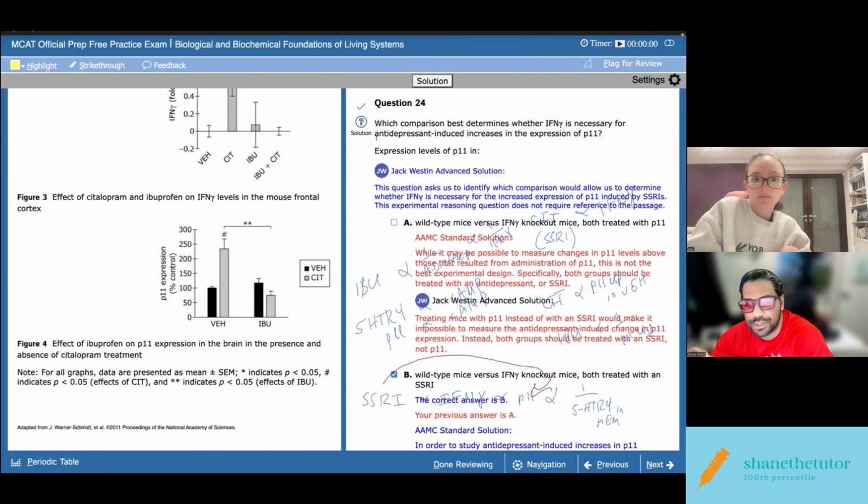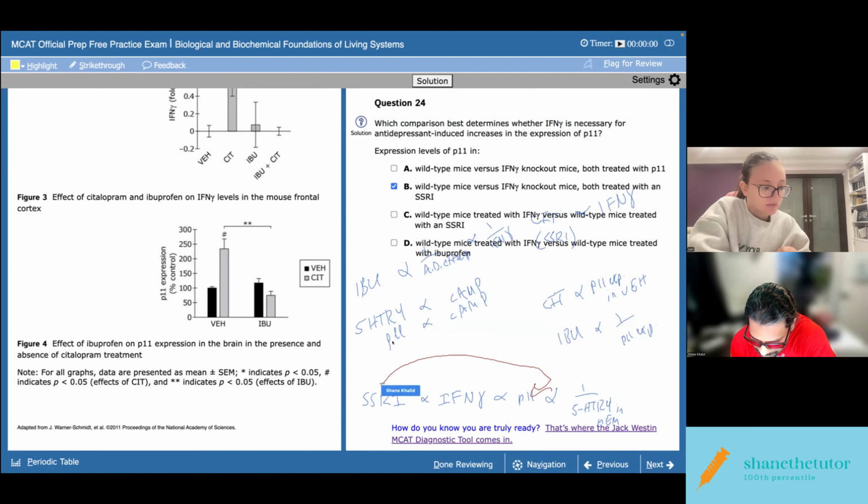So this SSRI, we want to see if this SSRI increasing the expression of P11, if we can see that IFN gamma plays a role in that. Because we know that an SSRI causes more P11, but what we're trying to find out is if IFN gamma is necessary for that P11 to go up.